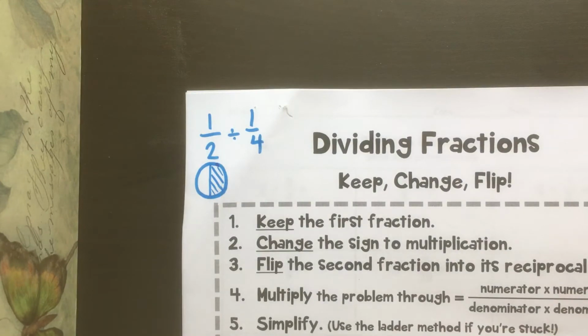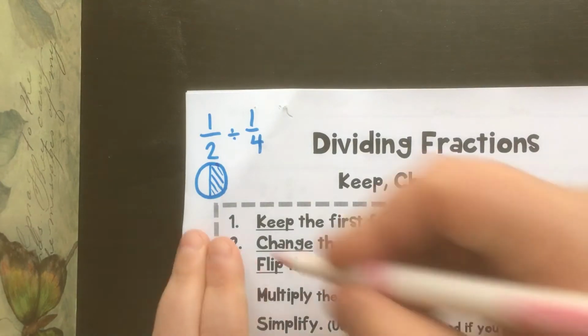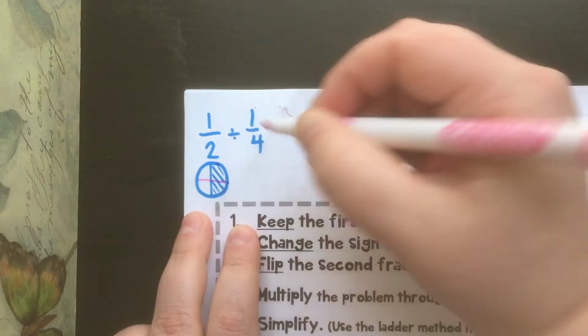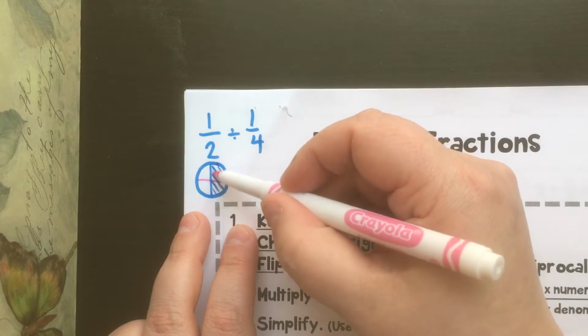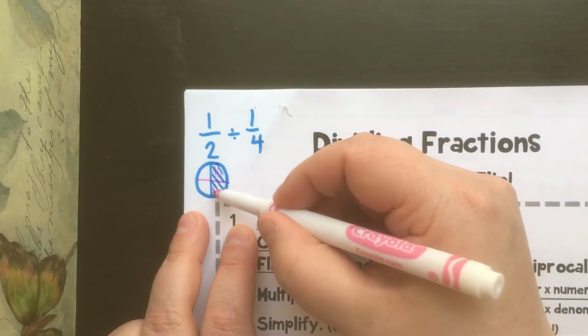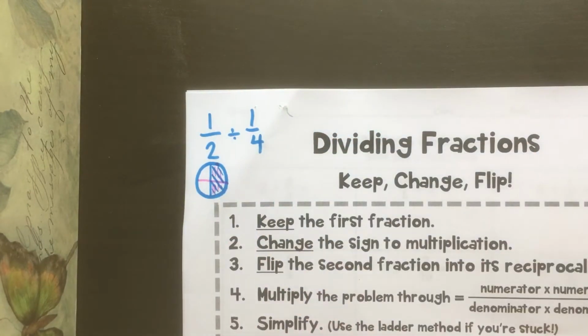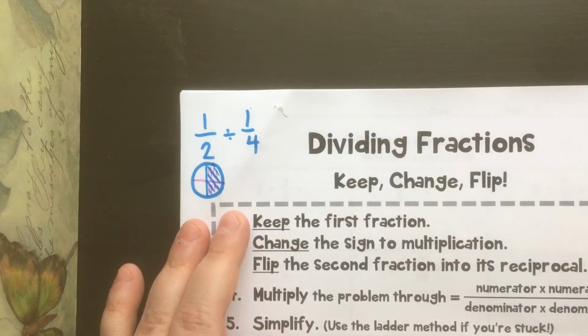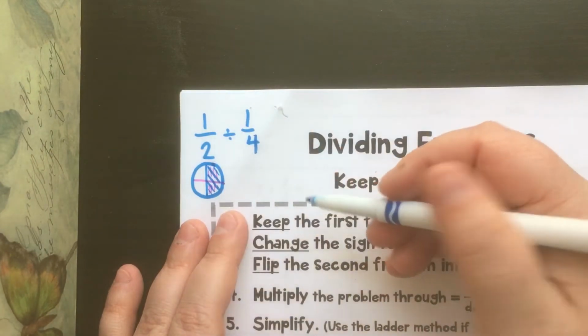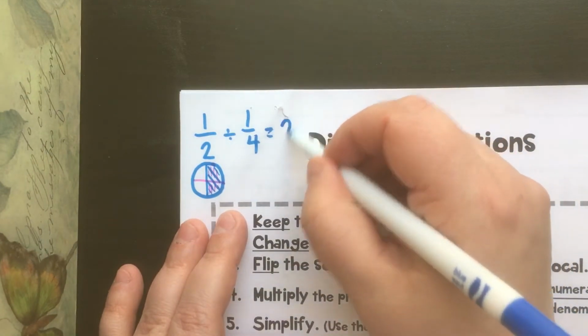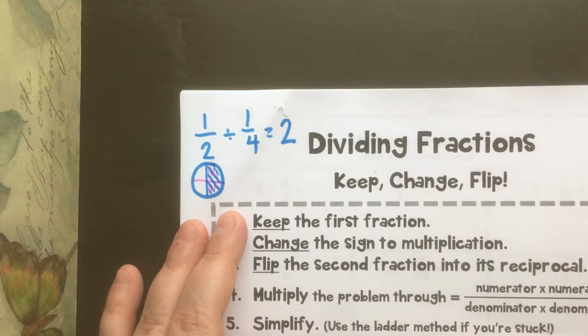And then let's say then I divide that into fourths. How many fourths are in 1/2? You have 1 and 2. The other words we used when we learned this was how many fourths are in a half. And so this would actually be 2, right?